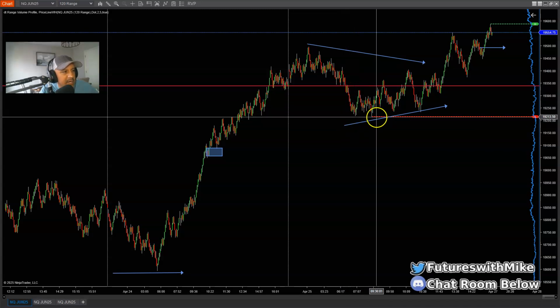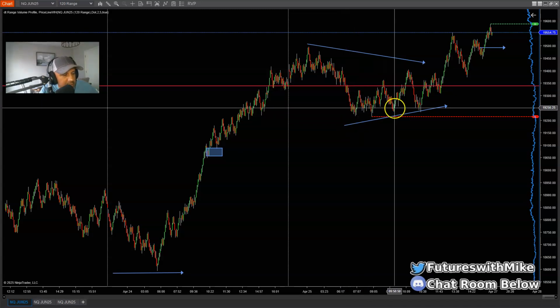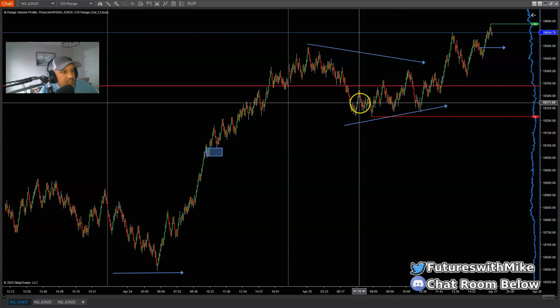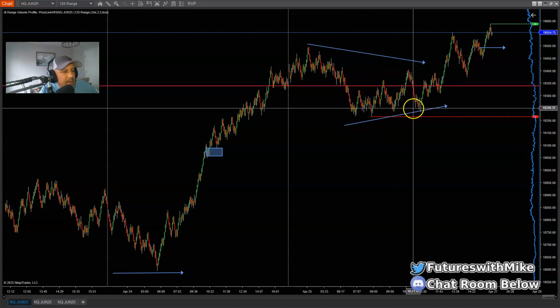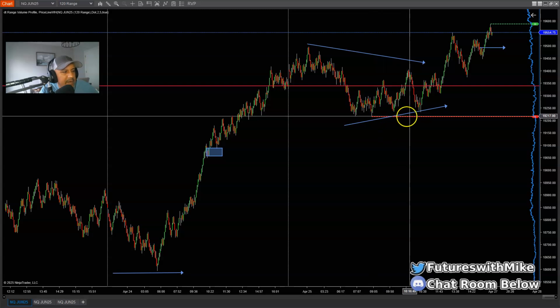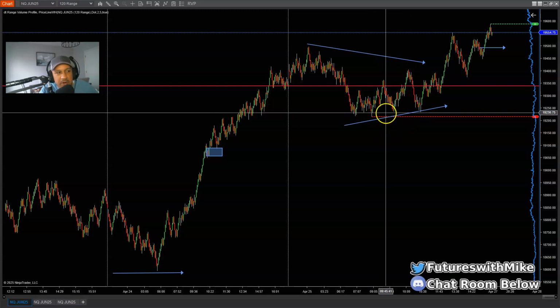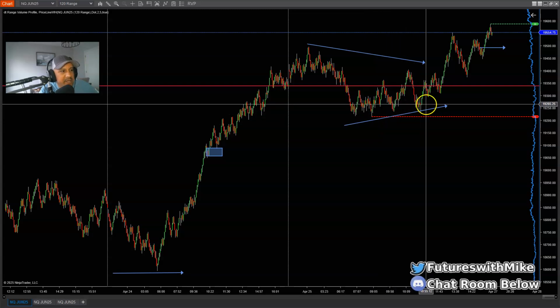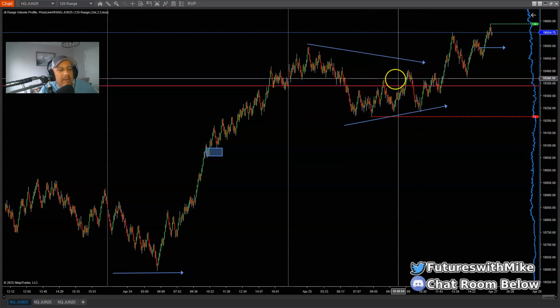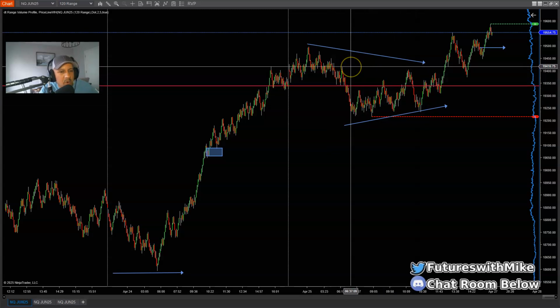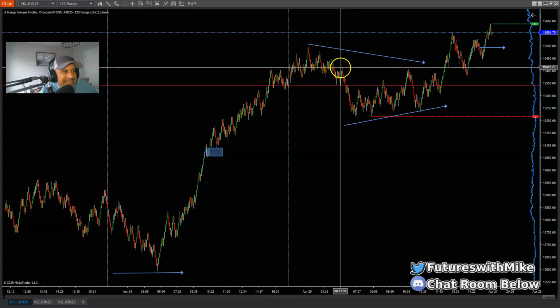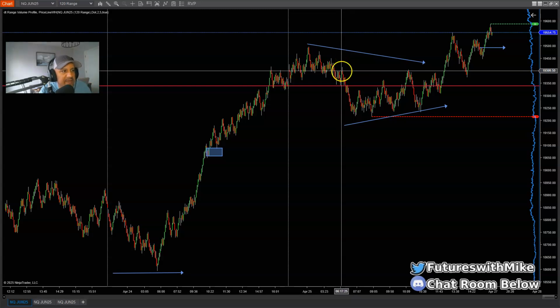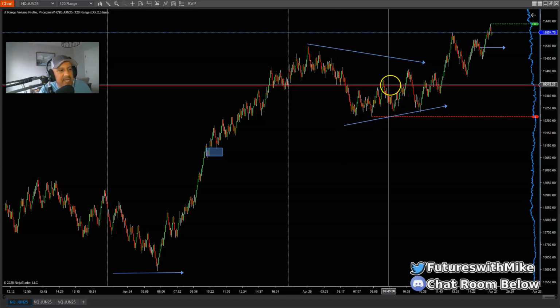So we have highs, higher lows, highs, higher lows. Each time it makes a higher low, it's not breaking the previous one below it. So that's starting to form a bullish channel to the upside, which at this point I'm still not interested in because I want to see something more to give me more confirmation, meaning taking out the first area of structure to the left as it's making its push to the upside to the right.